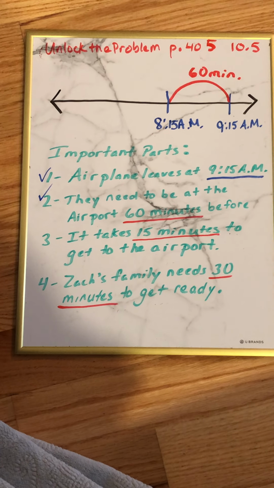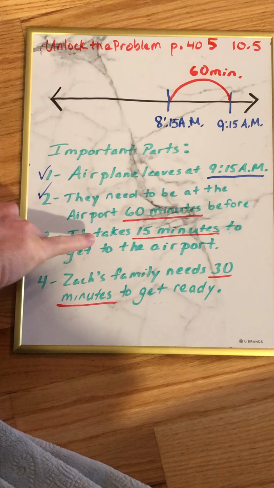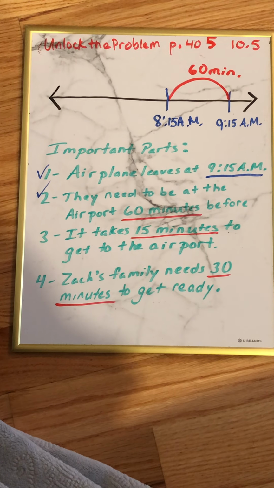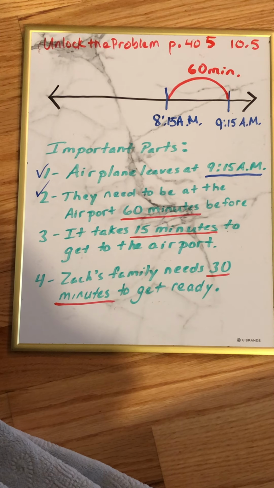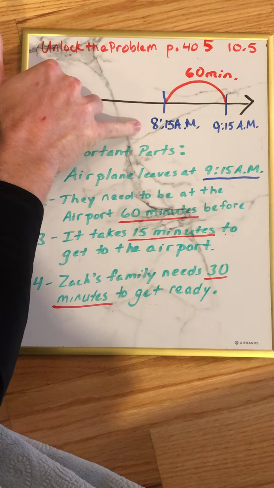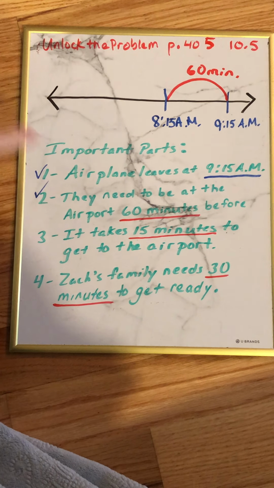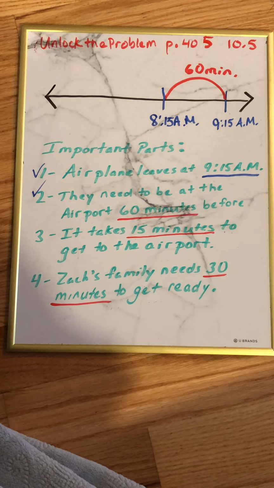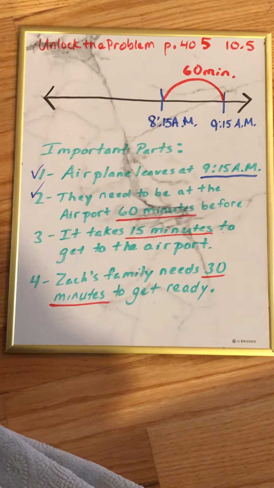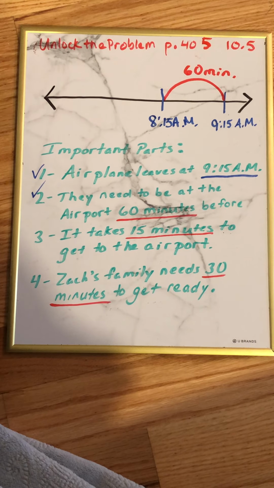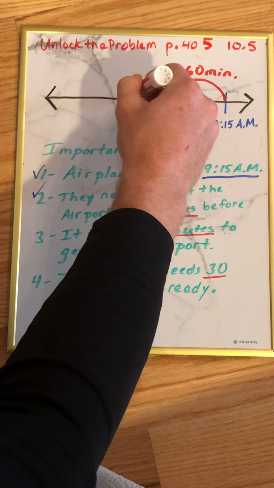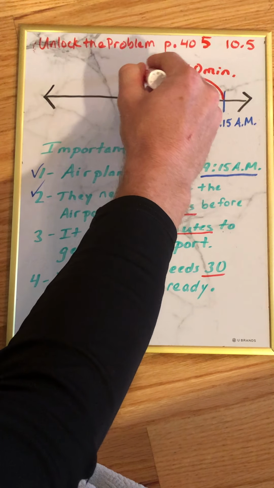Now the next important part we see in this problem, it says it takes 15 minutes to get to the airport. Okay, so they need to be at the airport 60 minutes before. We already accounted for that. And now we're saying it takes 15 minutes to get to the airport. So if we're at 8:15 a.m. and we do a smaller jump back this time, so we'll do a smaller bunny hop of 15 minutes.